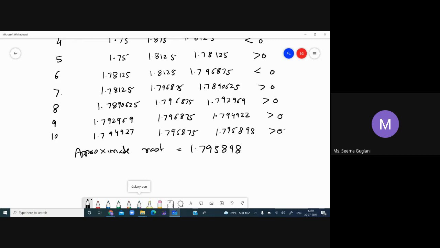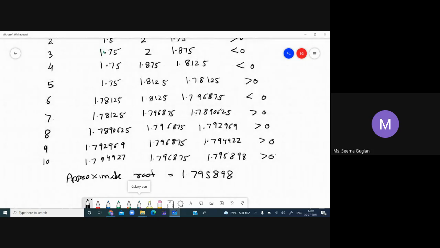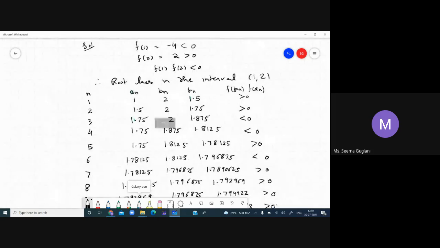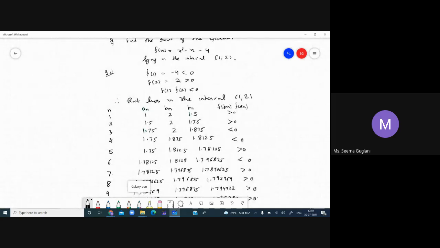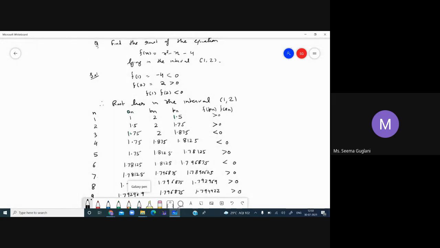This is after 10 iterations. Clear? Yes, ma'am. So this is the way you have to do the bisection method. You can go through this question once for a second, and if you have any query you can ask. Otherwise I will switch over to the next question.